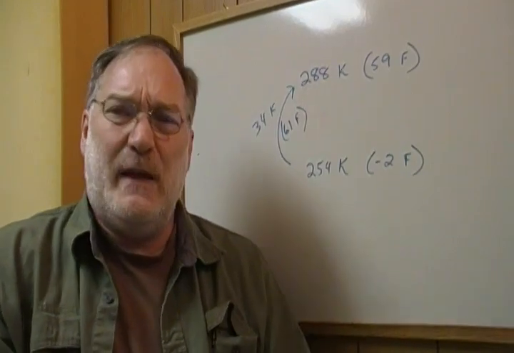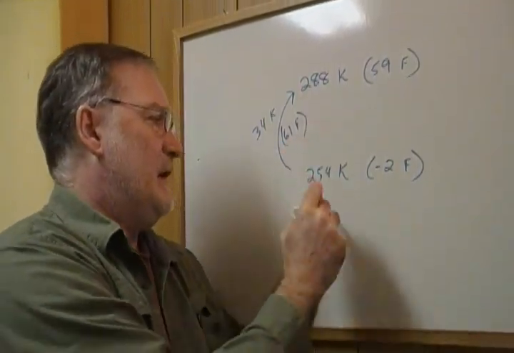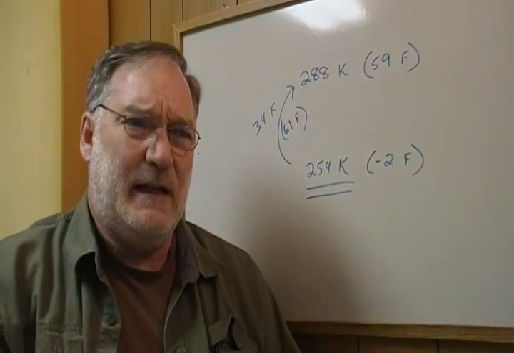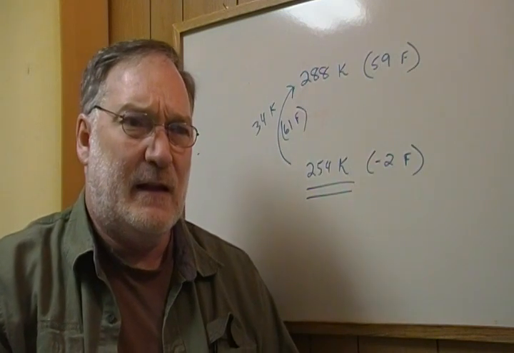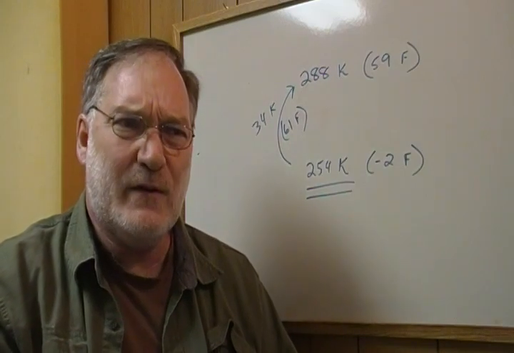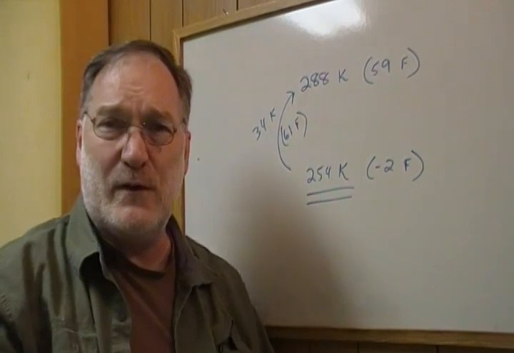That idea is based, unfortunately, on the idea that Earth's blackbody temperature is 254 Kelvin. That's based on a calculation method error, and that produces the wrong blackbody temperature. What they're using to produce this is average radiation.